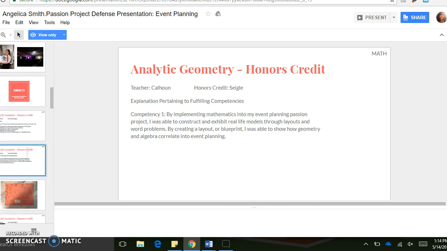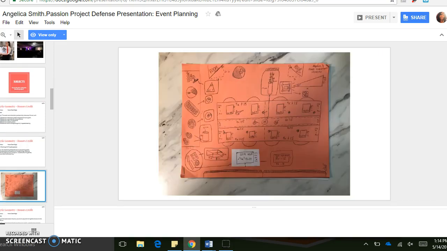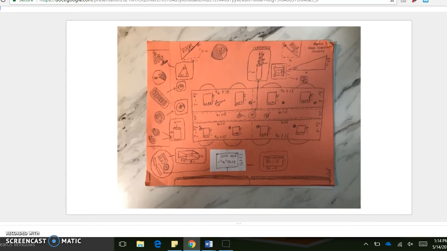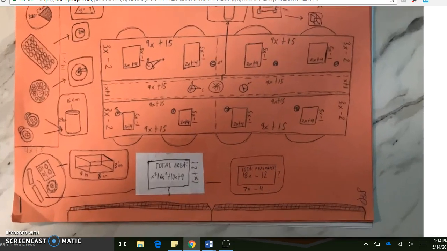She shows evidence of how she did her geometric layout of her event planning, her tables, her food, where she angled everything. She showed all of that, if you can see here, and definitely showed the math.